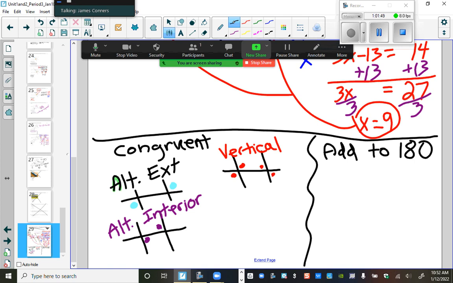Alternate exterior, alternate interior, vertical. What other one? You get to the C, same spot. Corresponding. Corresponding.